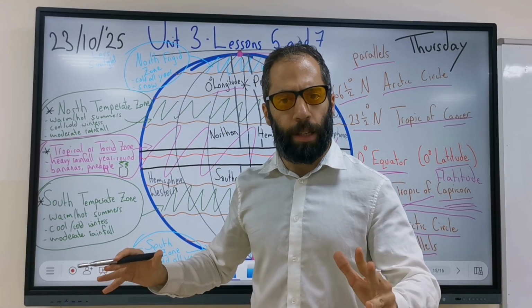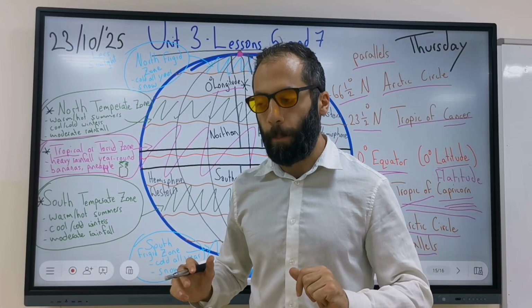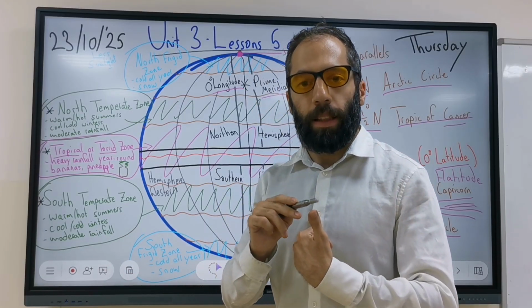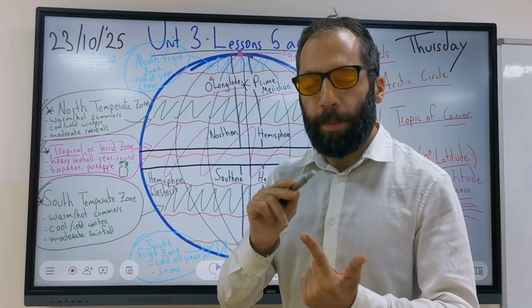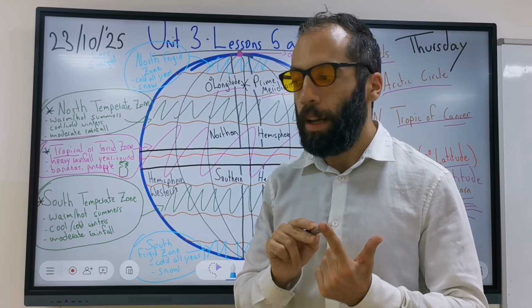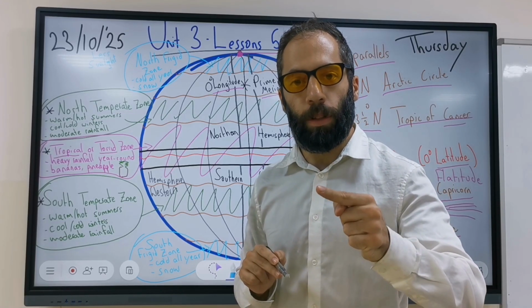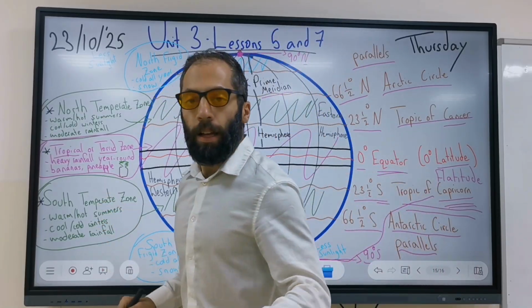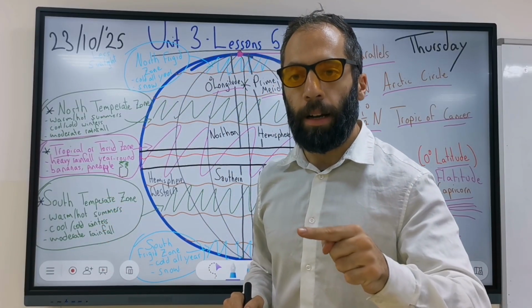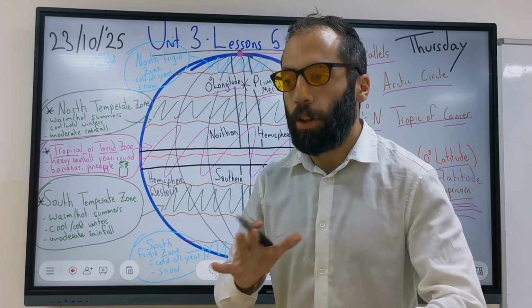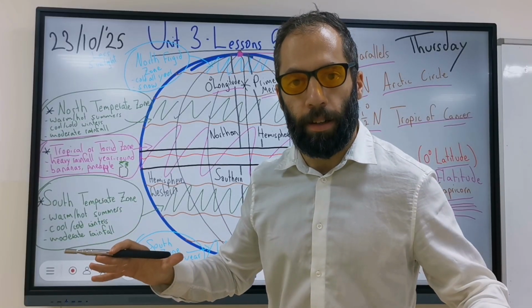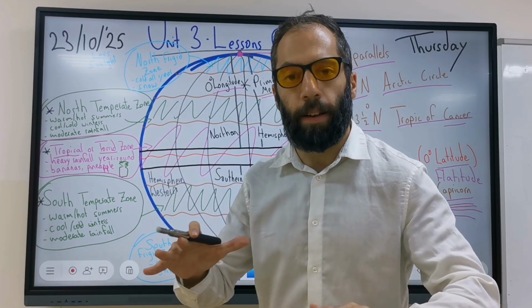Tropical or torrid, same meaning, different names. So between 23.5 north and 23.5 south, we have the tropical or the torrid zone. And the weather in this zone is usually characterized by heavy rainfall throughout the entire year.